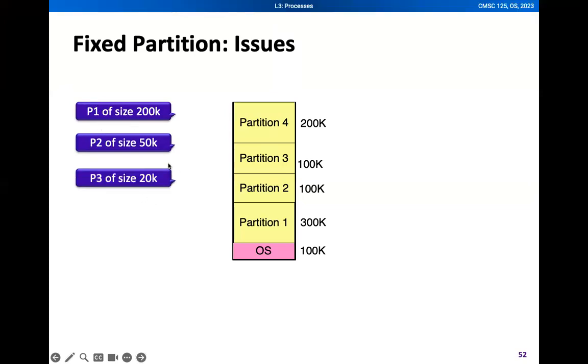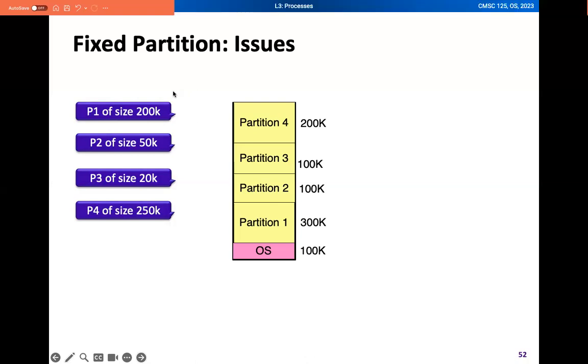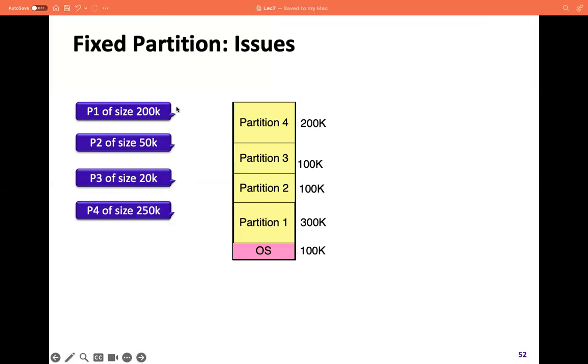In order for us to be able to execute these, we have to load them into the memory, right? Because in our process, the CPU has to fetch the instructions from the main memory. Now, the question is, how are we going to allocate these processes with the fixed partition?